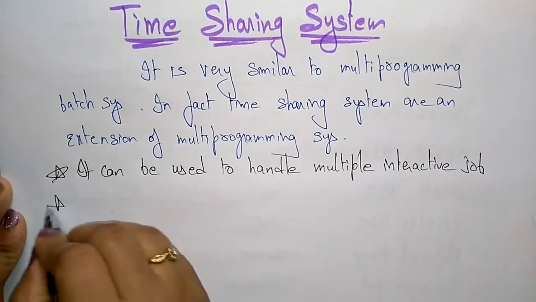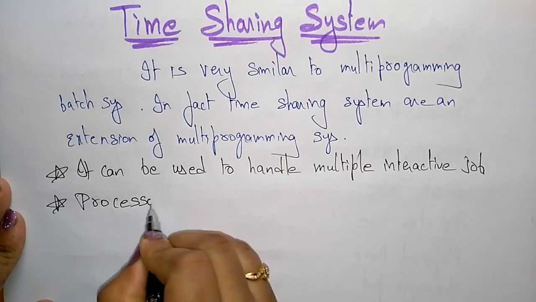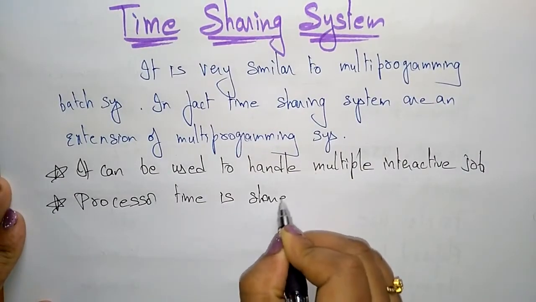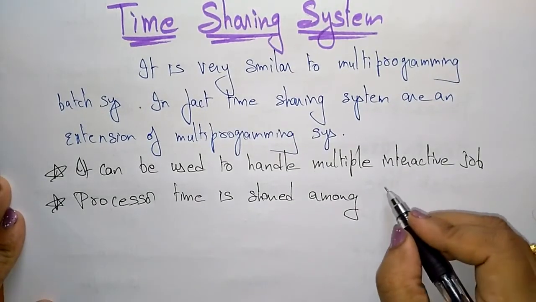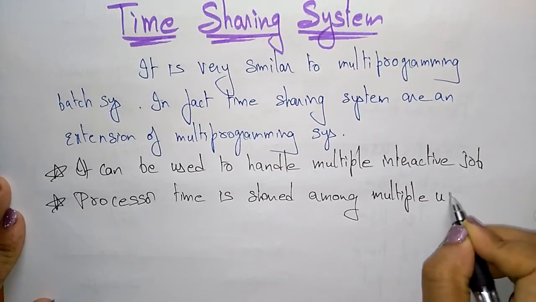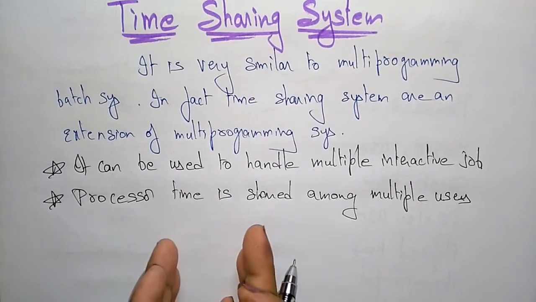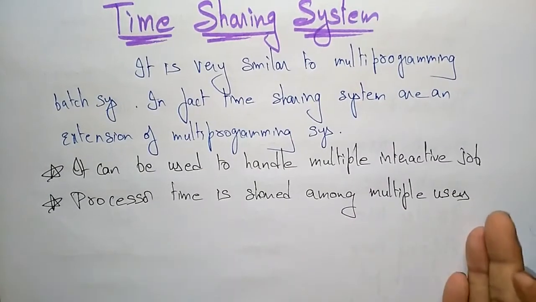And here the processor time is shared among multiple users. Whatever the processor time is there for executing jobs, it is shared among multiple users.